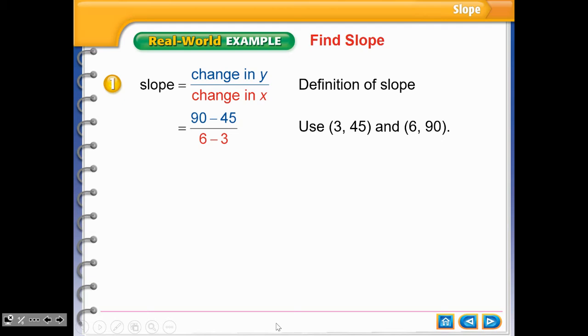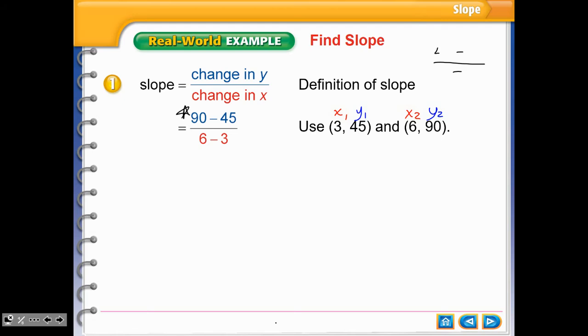Now I'm going to show you a different way of finding it. You could actually take the 2 points. Just a reminder, to find the rise, you would subtract the two y values. That'd be 90 minus 45. To find the run, you'd subtract the two x values. And to go a little further than expected, if I can just point out, Mr. Cowan, what if we didn't do 90 minus 45?